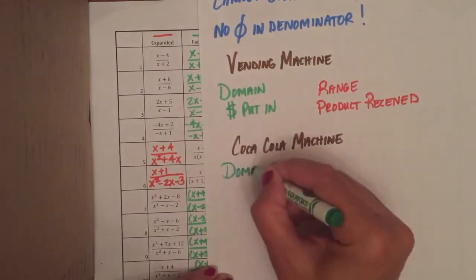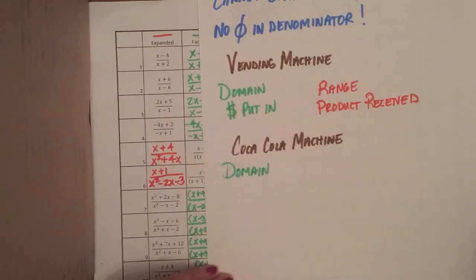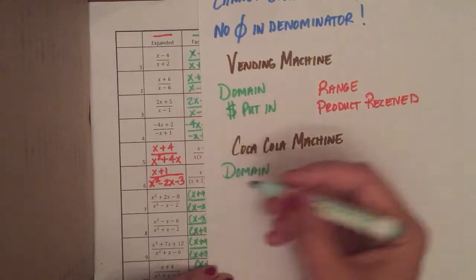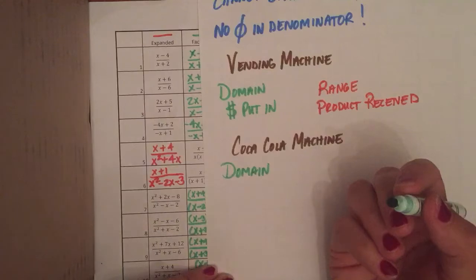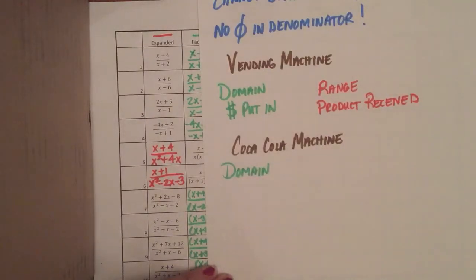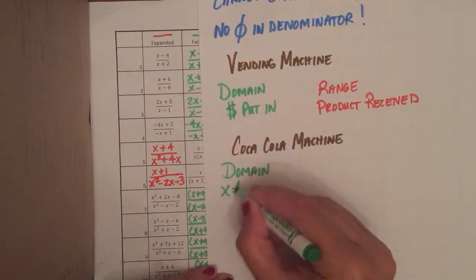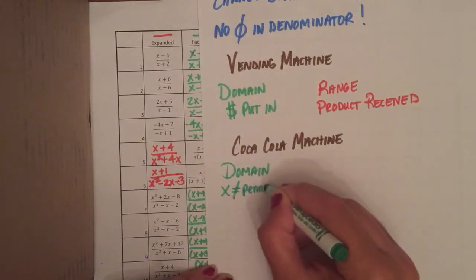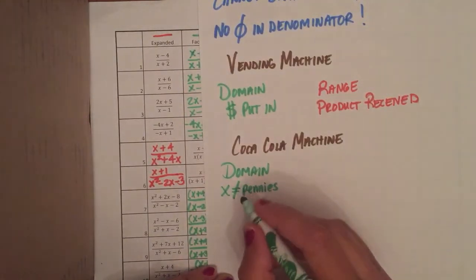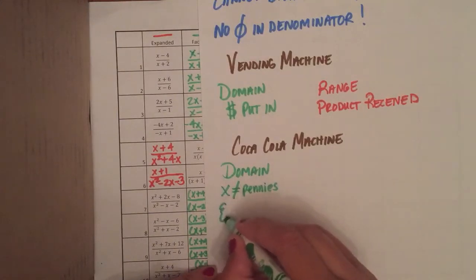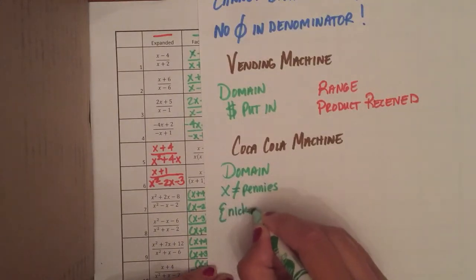You cannot put every kind of coin or every kind of currency in a Coca-Cola machine. So what are some things you can put into a Coke machine? Well, let's look at coins first. You cannot put pennies. So your domain, x, could not be pennies. Pennies don't work.